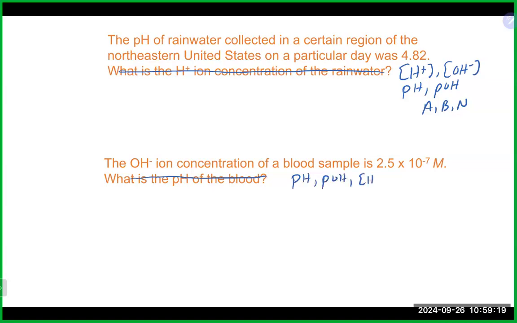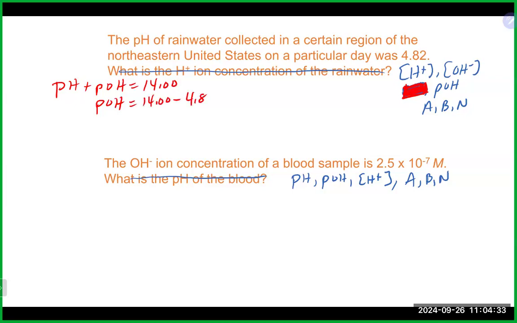The H plus concentration, and the pH. I could use pH plus pOH equals 14 to get me the pOH, which would be 14 minus my pH in this case, and that would get me a pOH of 9.18.